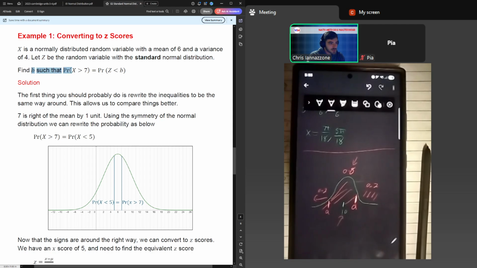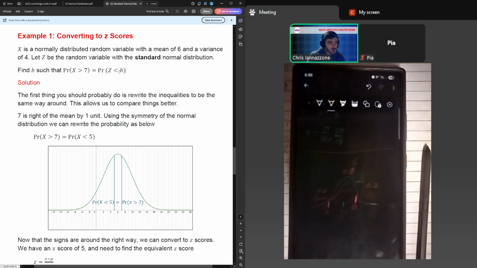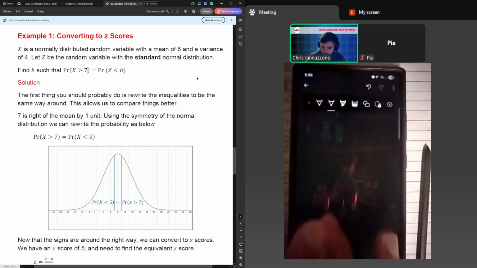The goal is to figure out b such that the probability of x being greater than 7 is the same as z being less than b. This is a normal distribution probability, and this is a standard normal distribution probability. We want to figure out what I would have to choose as my upper bound that would match this lower bound, essentially.